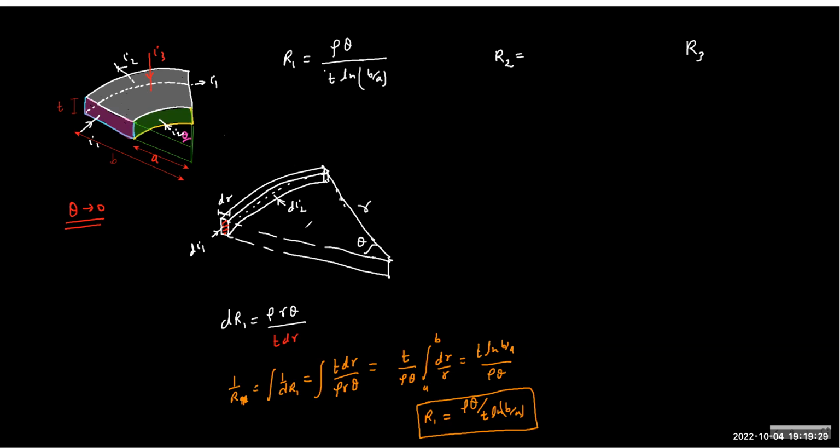So what is L here? What is the area? What is the L? If you move along the dI2, what is the length you're crossing?